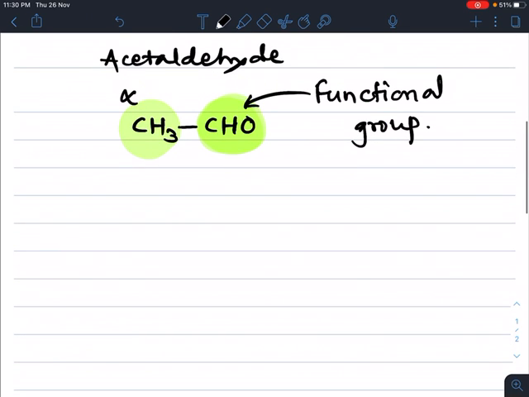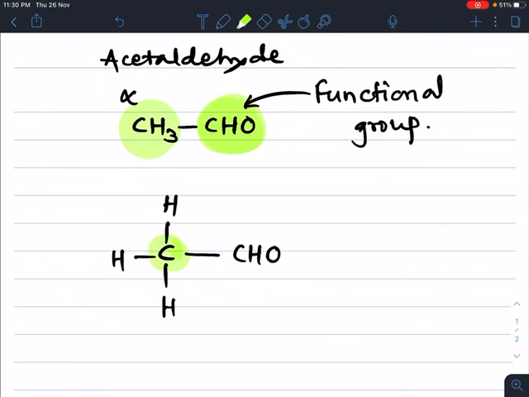If I write this CH3 in its structural form, 3 hydrogen atoms are attached to this carbon, which is further attached to the functional group. This is the alpha carbon, and the 3 hydrogens attached to it are alpha hydrogen atoms.